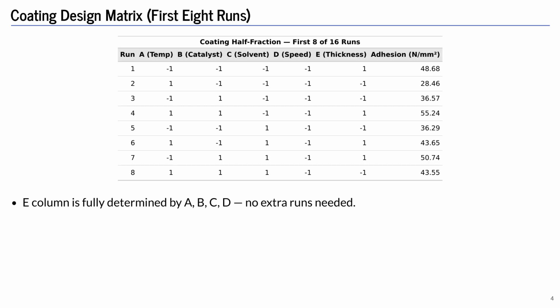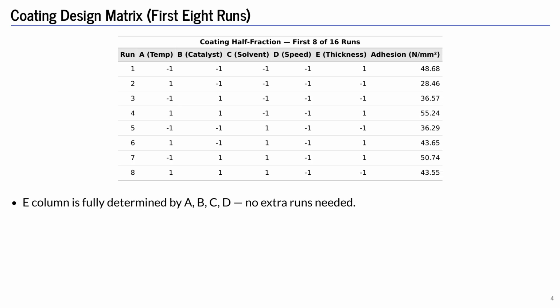Before we talk about confounding in the abstract, let us look at the actual data structure. Here are the first 8 runs of the coding design. Notice something about the E column, the column for coating thickness. Look at run 1. A is minus 1, B is minus 1, C is minus 1, D is minus 1, and E is plus 1.